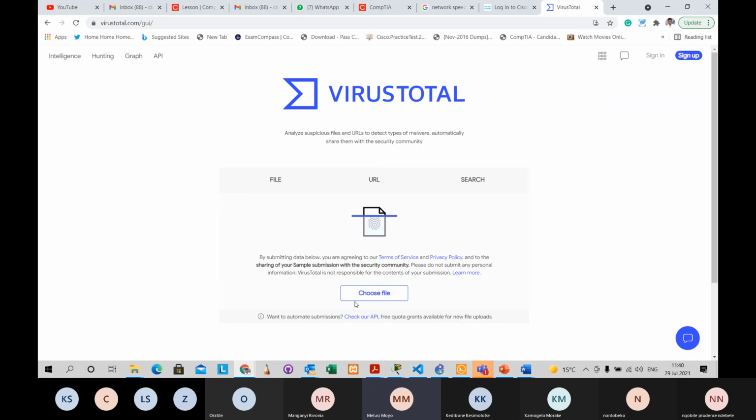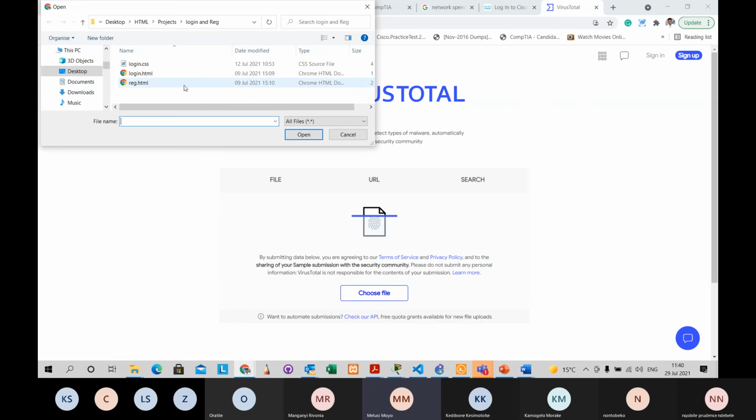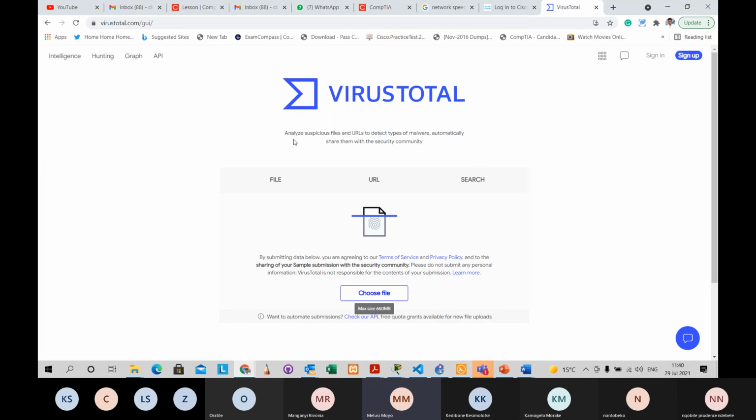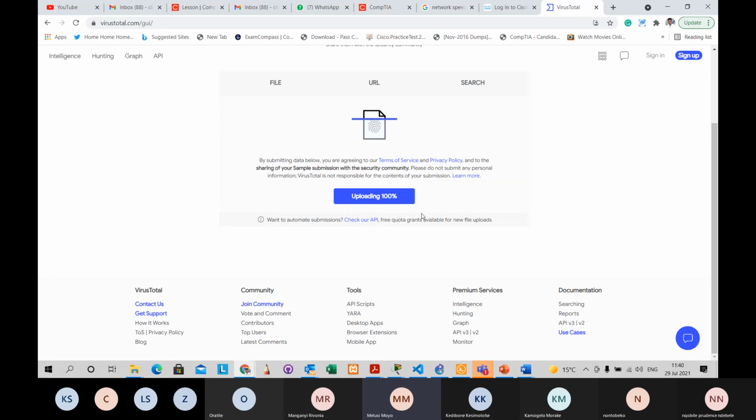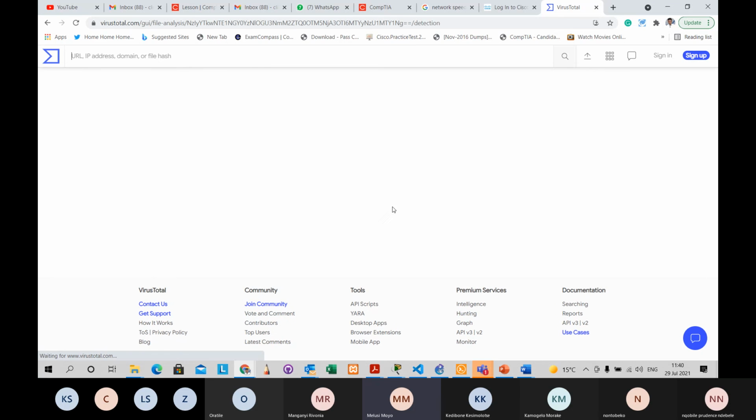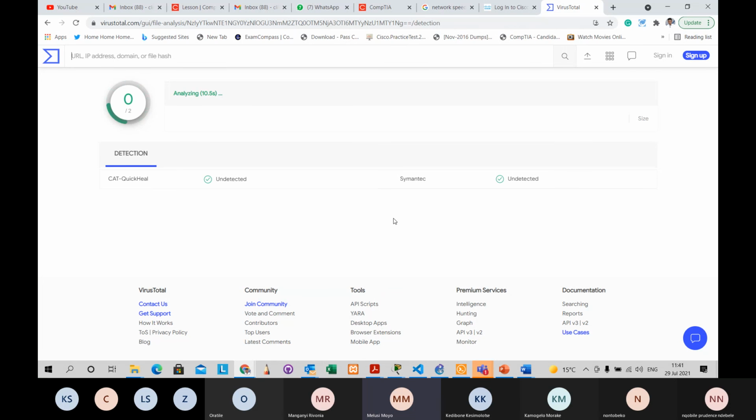If I choose a file that I'm not sure is safe to install or run, then I upload it. I say open, and then there's the file, confirm upload. So now my machine is testing this to see if the file is corrupted or contains any malware.